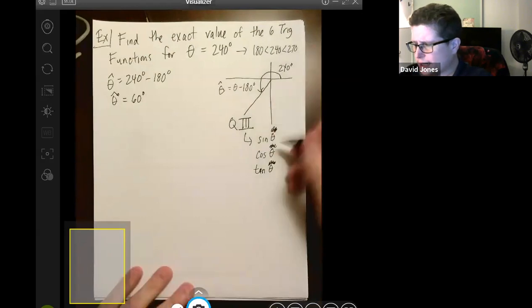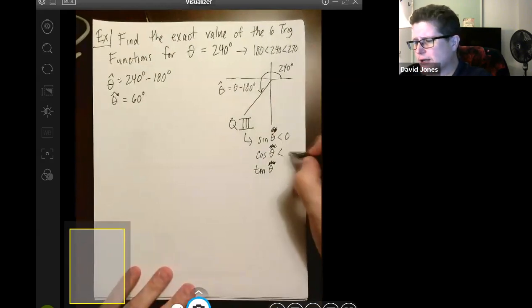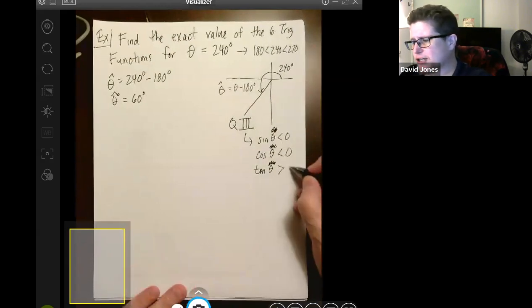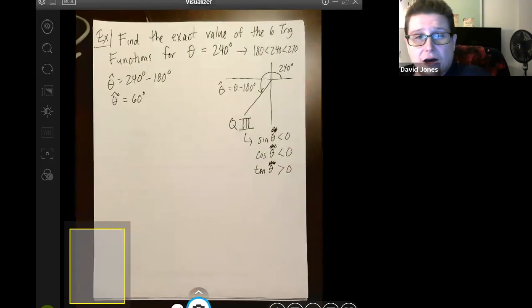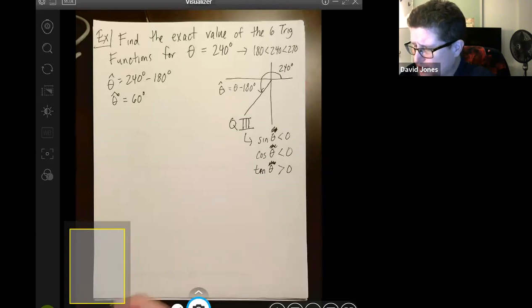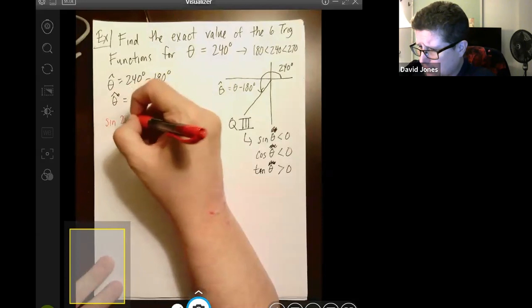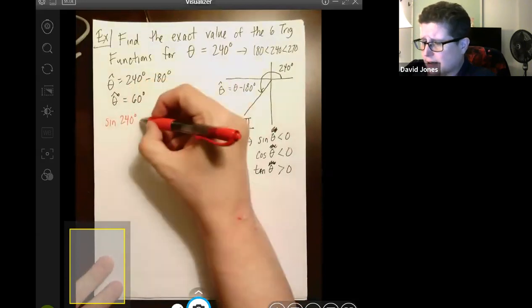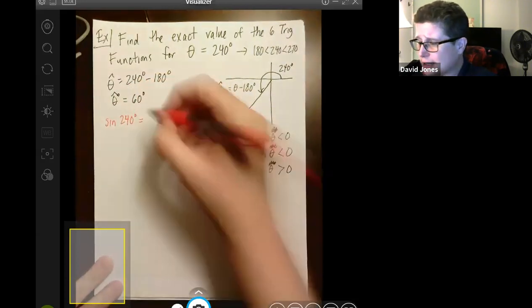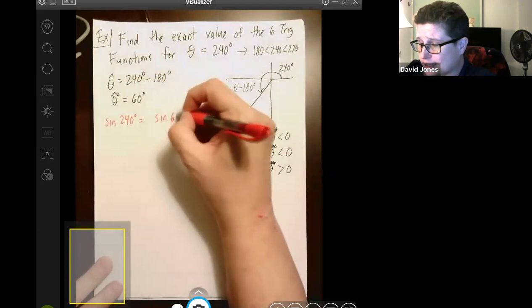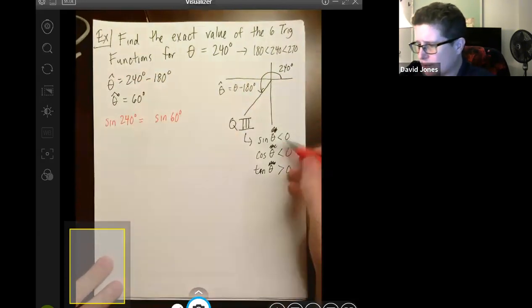We're in quadrant 3. Sine theta is less than 0. Cosine theta is less than 0. Tangent was the only one that's positive. All strippers take cash, remember? So when we're going through these, the sine of 240 degrees is the same thing as the sine of its reference angle, 60 degrees, but it's got to be negative.